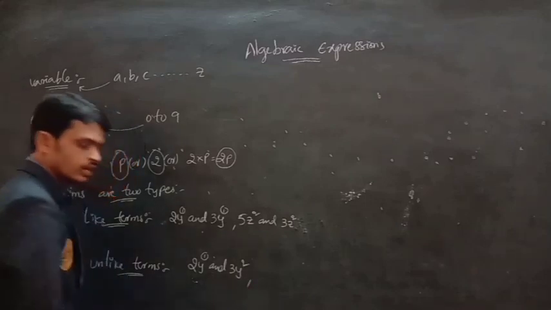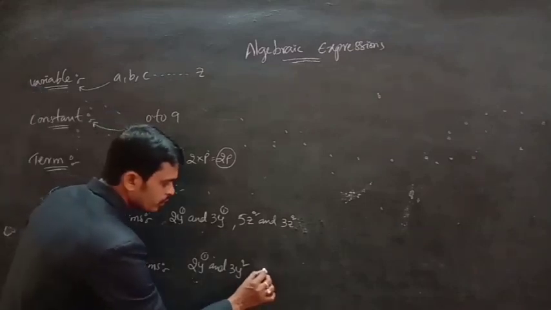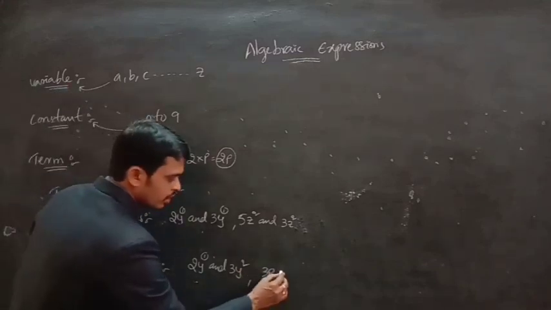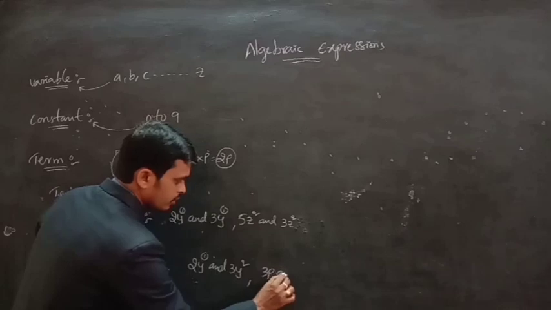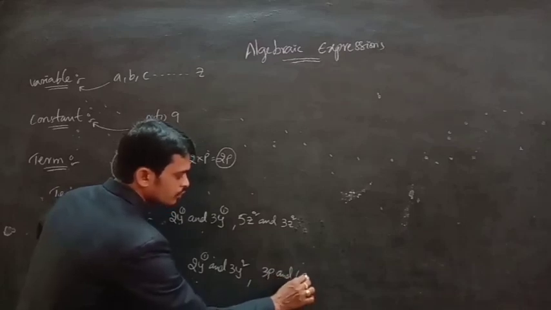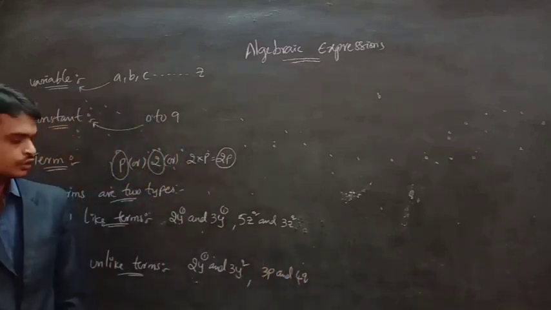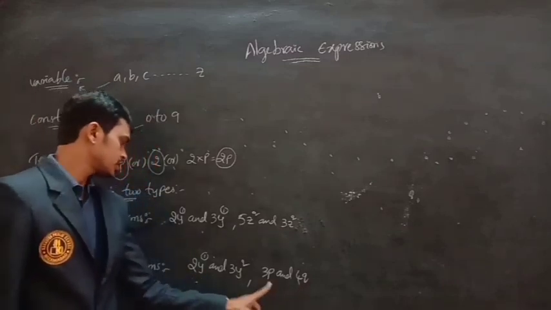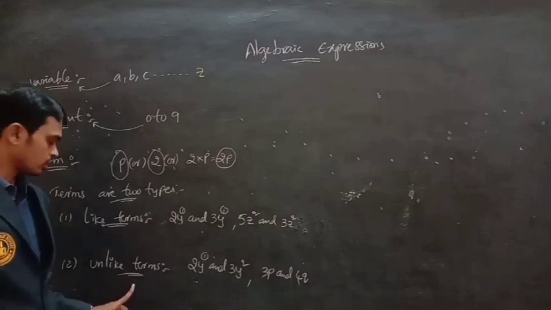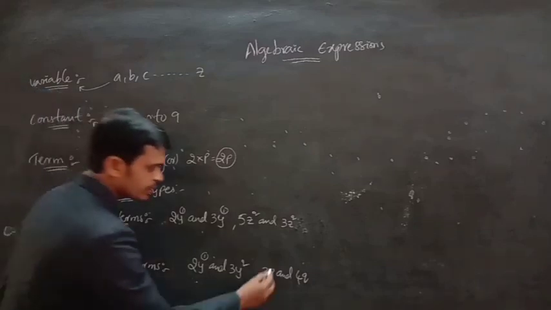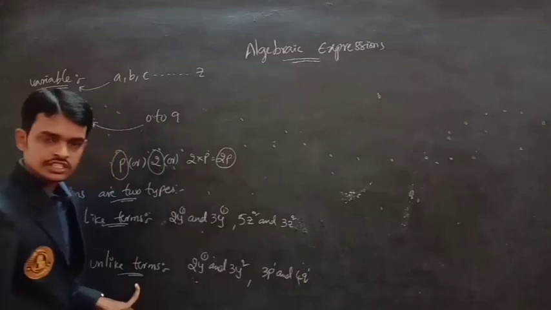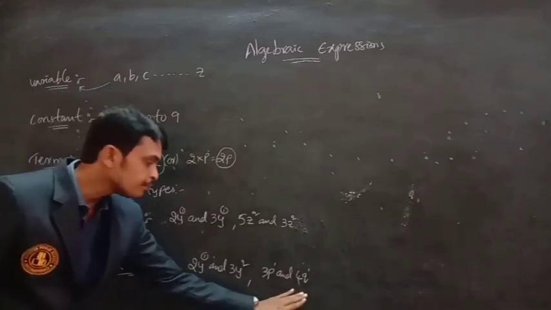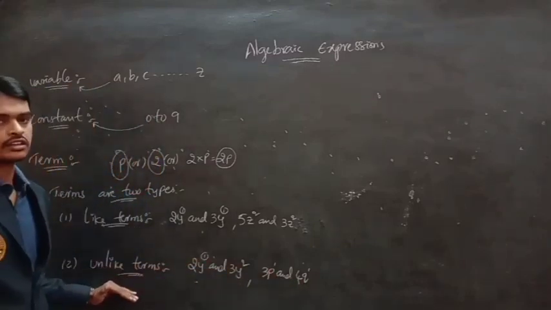Now another example, 3p and 4q. Are the variables the same? No. The exponent is the same, 1, but the variables are different. Such terms are also called unlike terms.